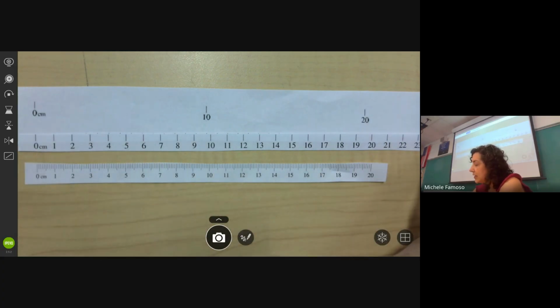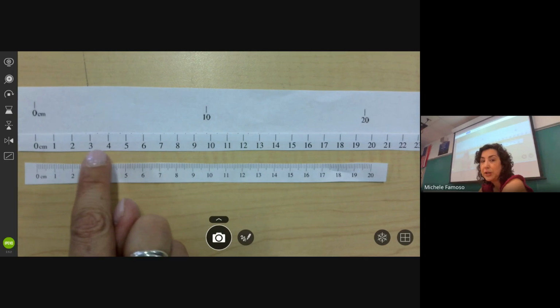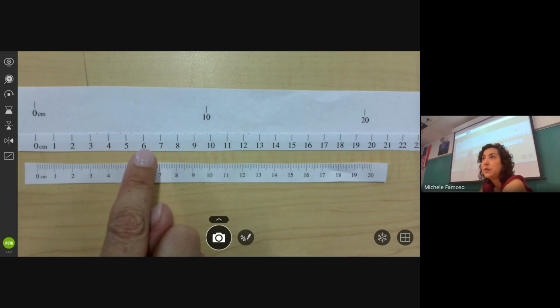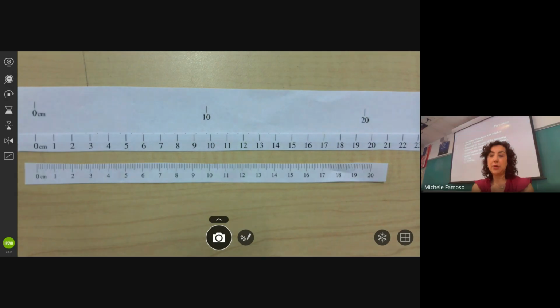This one is the next most precise, but it's still not as precise as this because the precision of this ruler is to the ones place. You see that? What is this one precise to? You know what those little divisions are? Tenths of centimeters. Okay. So the rule with how we use these, that's what I want to talk to you about here on our next slide, is how you make these measurements.